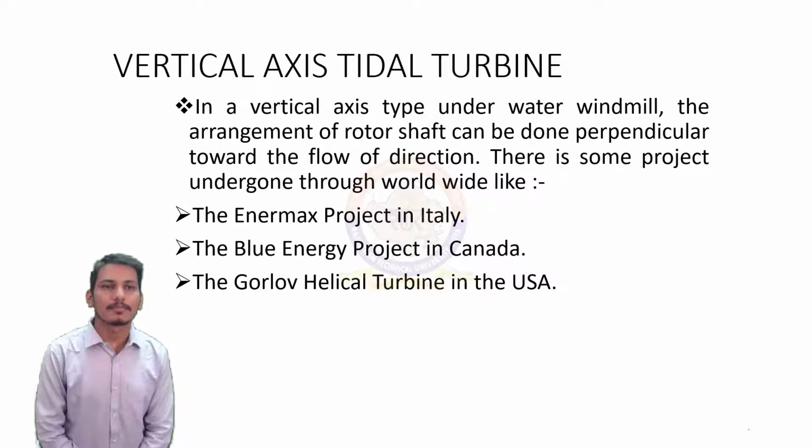It is suitable for floating systems, in accordance with the conditions of the marine environment and the production technology capabilities that exist in developing countries. There are some projects worldwide, like the Enermax project in Italy, the Blue Energy project in Canada and the Gorlov helical turbine in the USA.